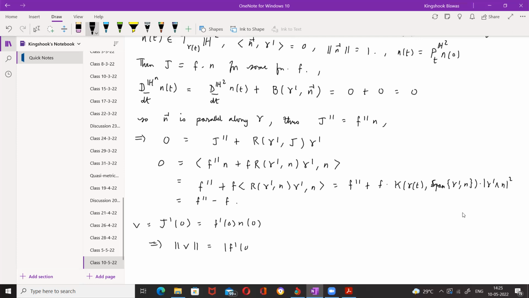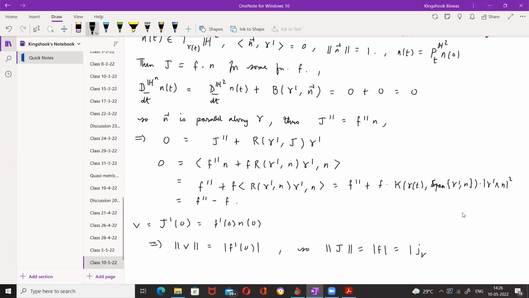Is this clear? N0 is a unit vector, so this vanishes when I take mod, when I take norms on both sides. Is this okay? Yes. So that proves the proposition, right? Norm J is equal to mod f, which is equal to mod J_R.